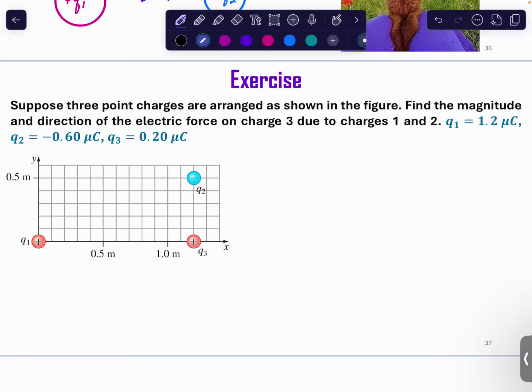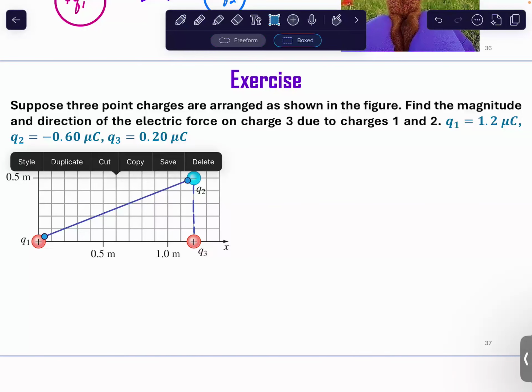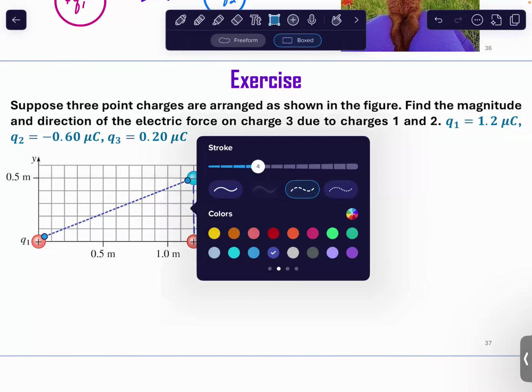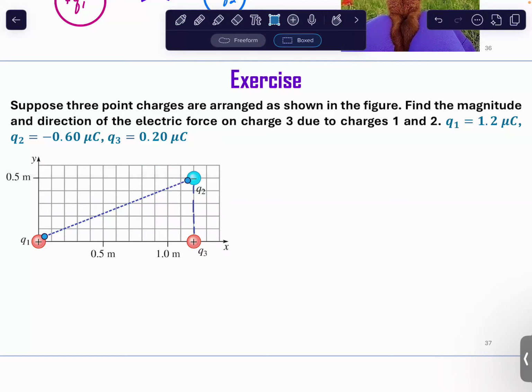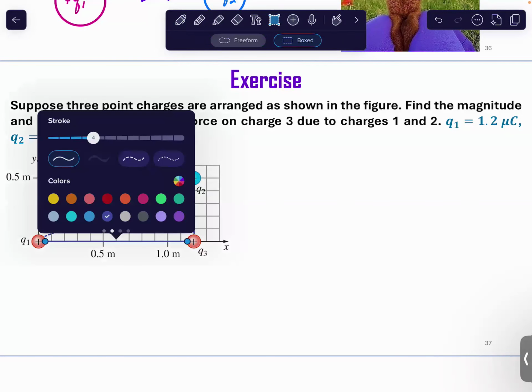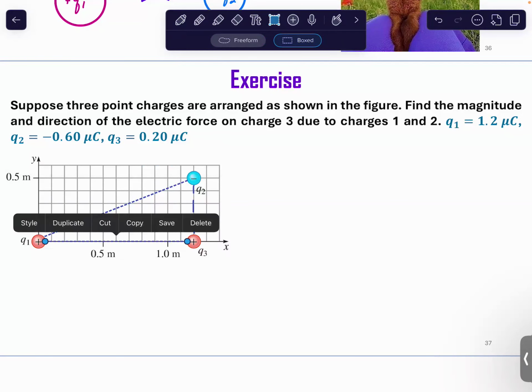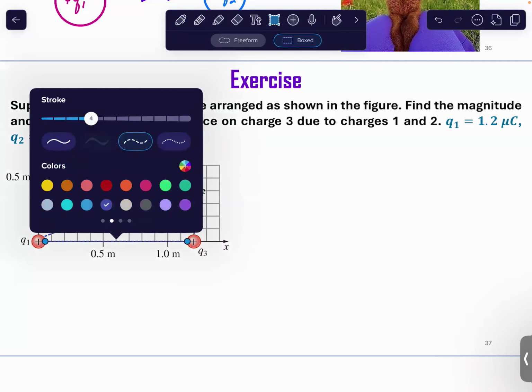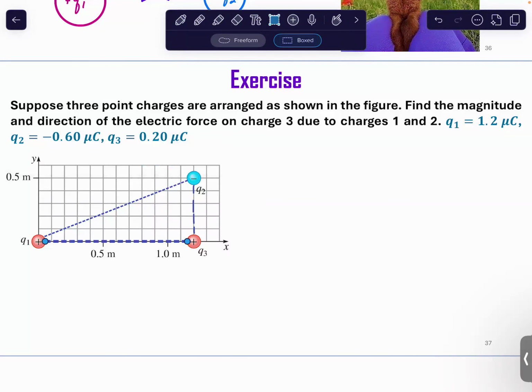So let's start. Go ahead and draw this here. And so, of course, you notice we have our right triangle there. Okay, so we have our triangle.